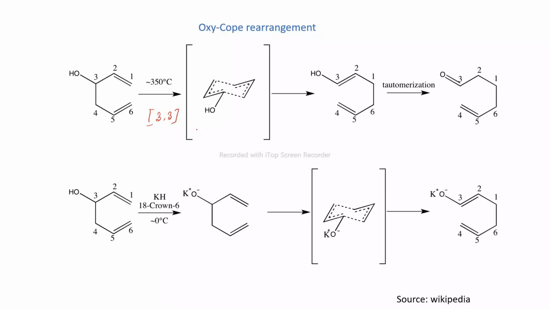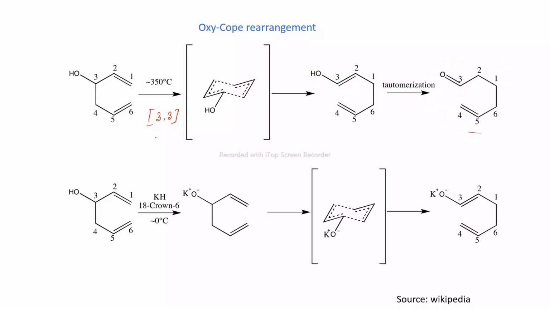The reaction will go through a chair-like transition state, and this OH group should be in the equatorial position because of the syn 1,3-diaxial interaction, since no other substituent is there. After the 3,3 sigmatropic rearrangement, we get this product, and this is a conjugated enol. That's why it will tautomerize to the corresponding ketone, because the ketone form is the more stabilized form. So we'll get this product.